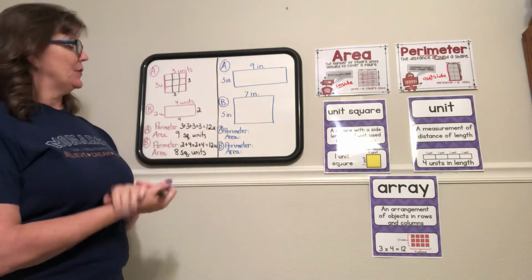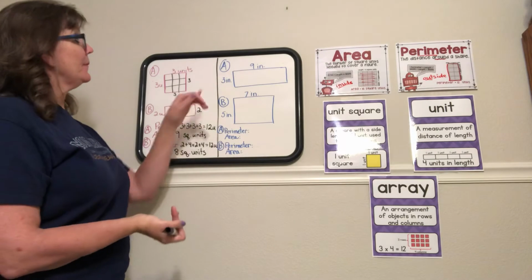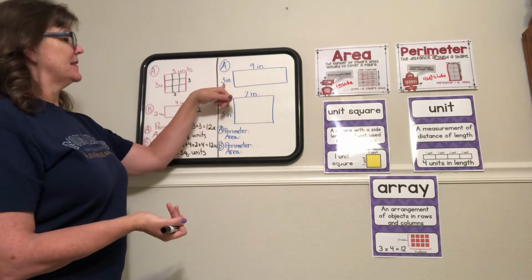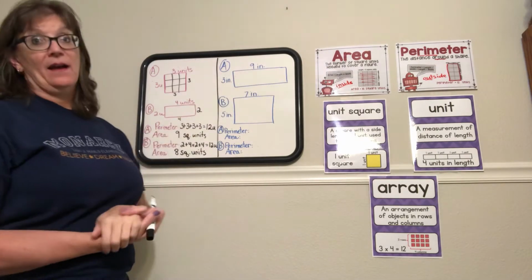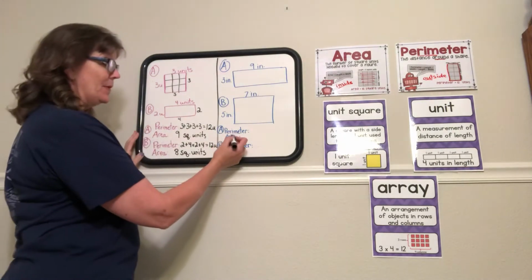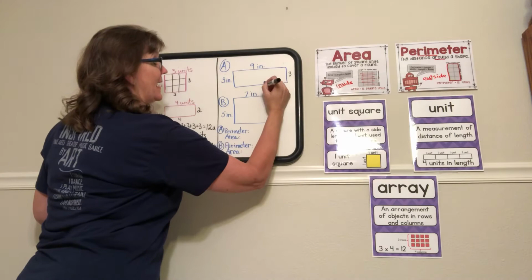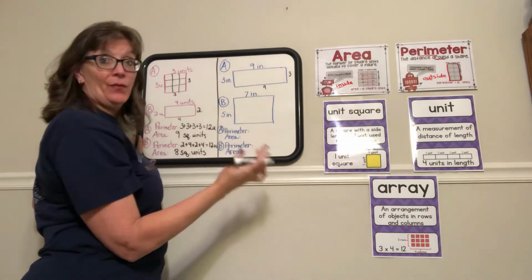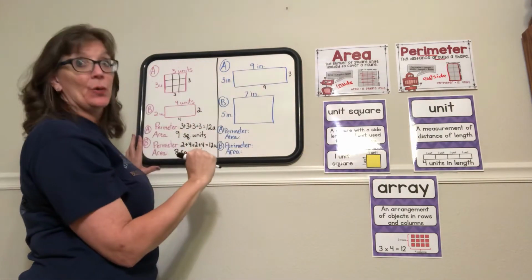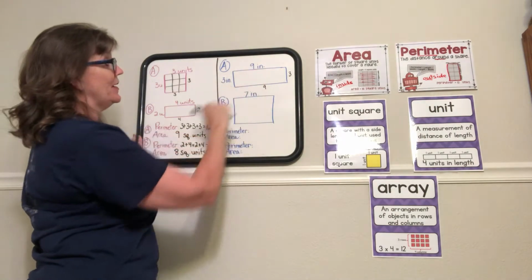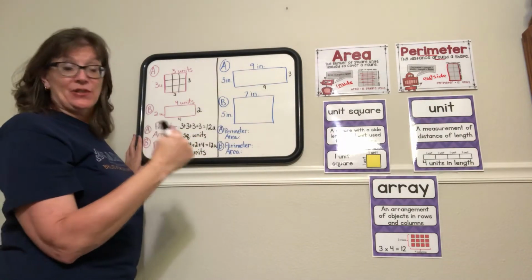Now I have these 2 figures over here. Here I have a side of 9 and a side of 3. So if I find perimeter, I will be adding all the sides. I have to remember all 4 of the sides, even though only 2 are labeled. And here my unit of measurement is listed, it's inches.